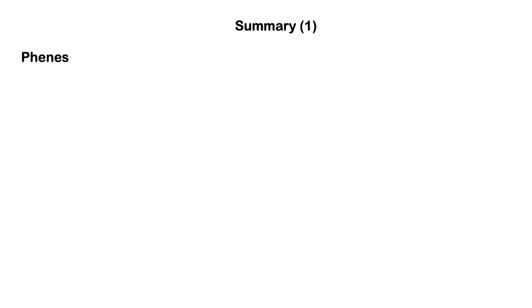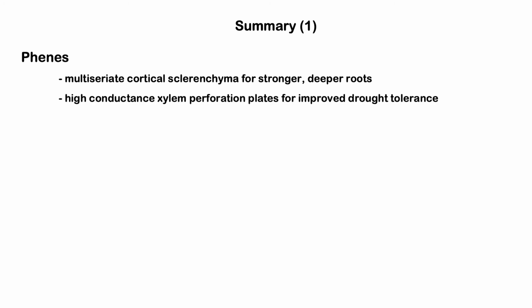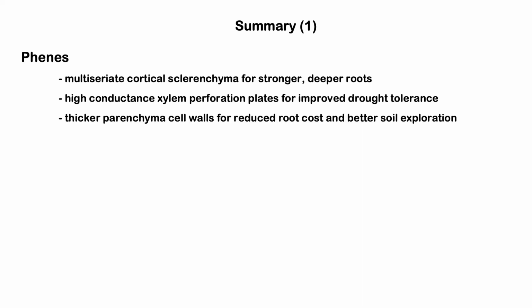So in summary, I talked about 3 phenes: multiseriate cortical sclerenchyma for stronger, deeper roots, high conductance xylem perforation plates for improved drought tolerance, and thicker parenchyma cell walls for reduced root cost and better soil exploration. I also talked about integrated phenotypes.